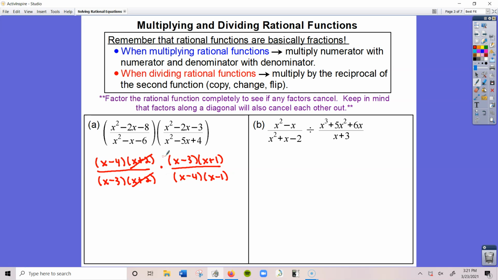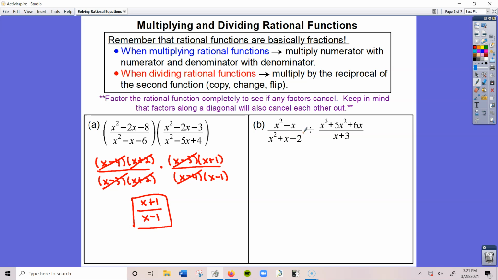And since we're multiplying everything, we can cancel these as well. And then we also see that this x minus 3 with this x minus 3 can also cancel, since one is in the numerator and the other is in the denominator. So the only thing that we have left is x plus 1 in the numerator over x minus 1 in the denominator. And this would be my final answer.